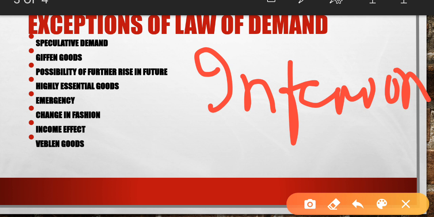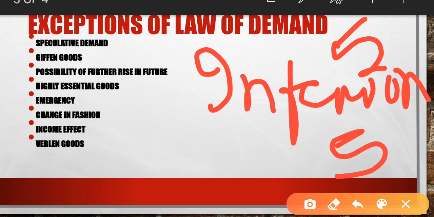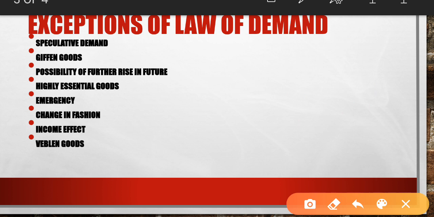Suppose you were purchasing 5 kg monthly, now also you are still purchasing 5 kg, but since the prices are down, by spending the same 400, why can't I purchase 5 kg of a different brand which is very good, which till now I was not able to afford? Now I am in a condition that I can purchase it. So instead of increasing the quantity, you will try to shift.